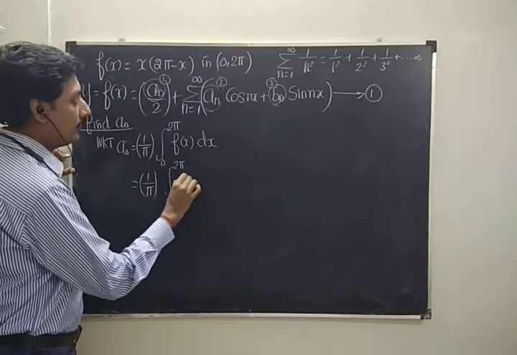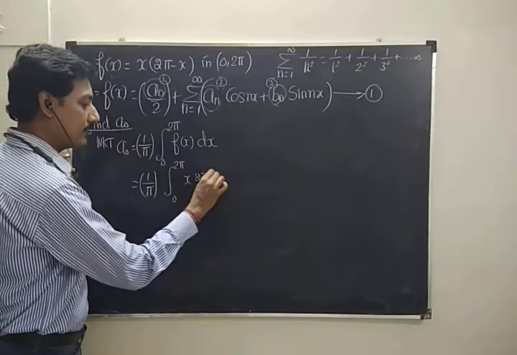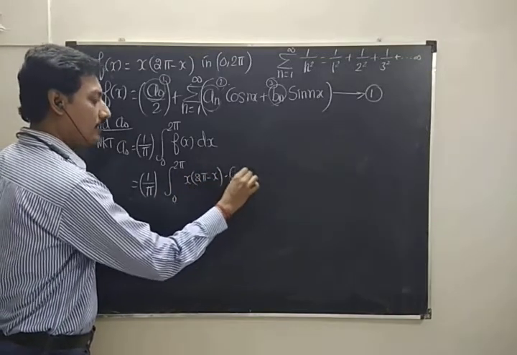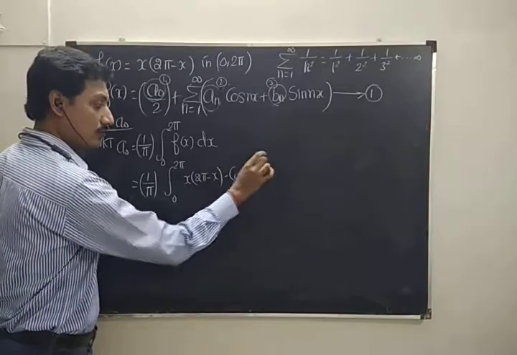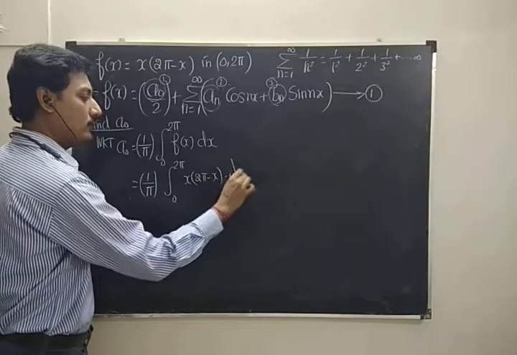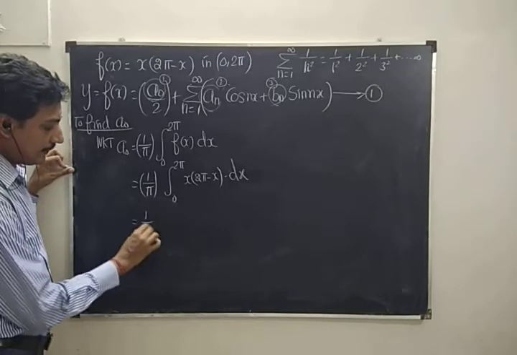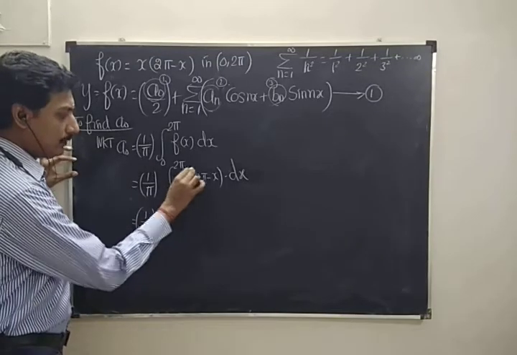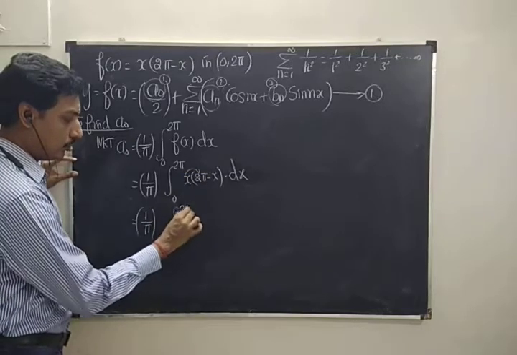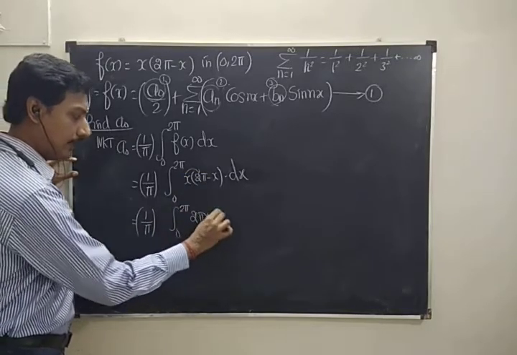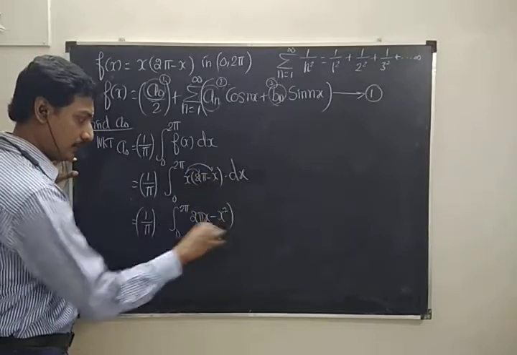It is x into (2 pi minus x). Because it is a naught only, it is f of x alone, equal to 1 by pi integral 0 to 2 pi of (2 pi x minus x squared) dx.